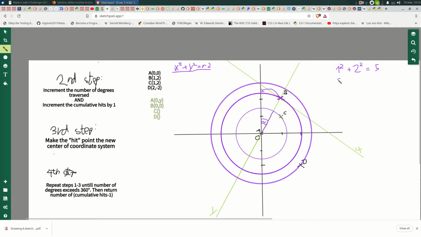So x is 0, and we want to know the y, which is incidentally equal to the radius. y² is r², which is 5. Then instead of wasting our space we just say y is the square root of 5. So that is our y, and that is like the first step, I guess.